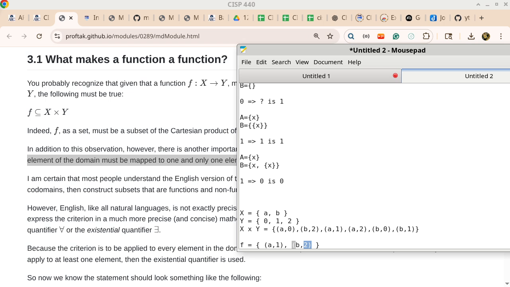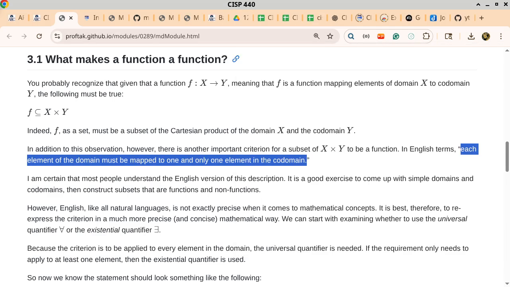So the language is actually very important here because I have to describe things as precisely as possible. This is the English version of that particular requirement, and you can already see what kind of confusion can pop up. I'm not really sure what you mean by one and only one.